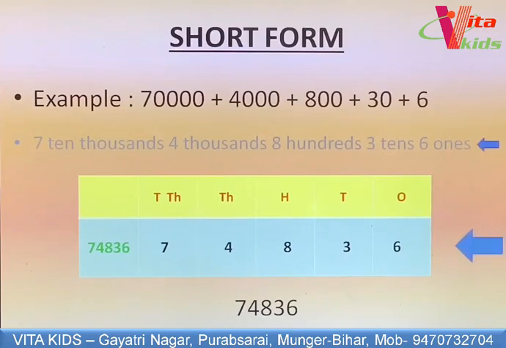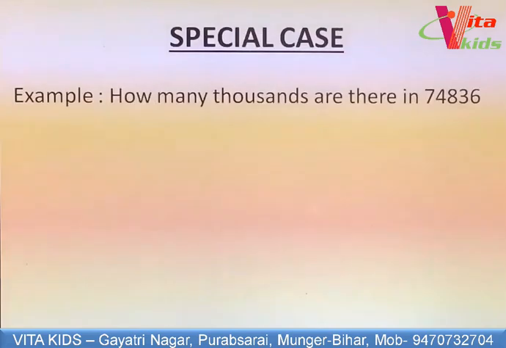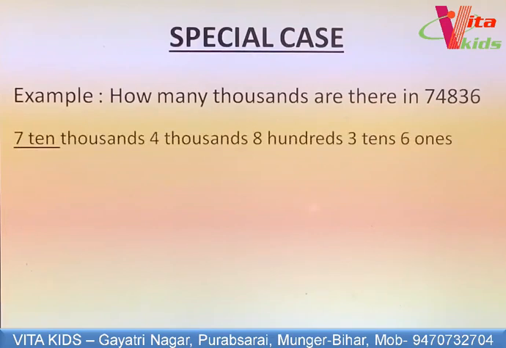Now again these two steps you don't have to write in the copy. You can directly write the answer. Special case. How many thousands are there in 74836? Now this again we'll first write it. It is 7 10,000s, 4 1,000s, 8 hundreds, 3 tens, 6 ones. Look at the 7 10,000s.